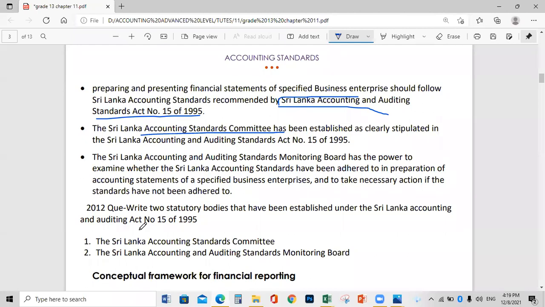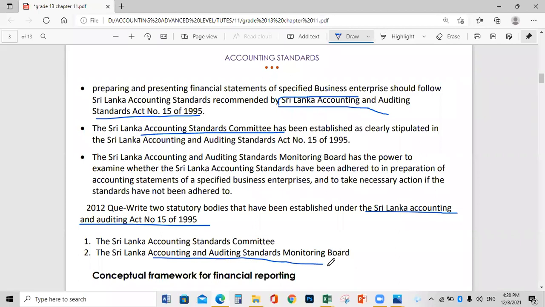Now, guys, below this Sri Lanka Accounting and Auditing Act number 15 of 1995, there are two legal bodies, statutory bodies. One is the Accounting Standards Committee and the other one is the Sri Lanka Accounting and Auditing Standards Monitoring Board.